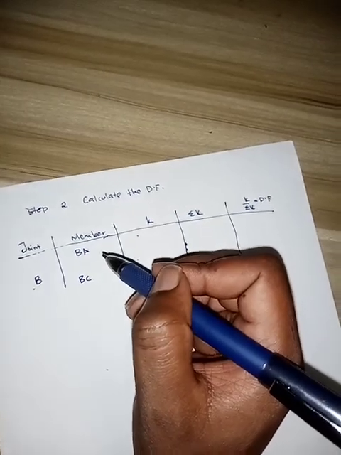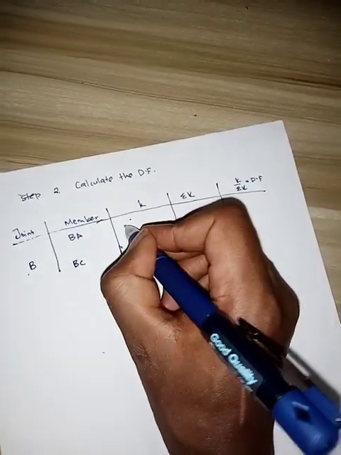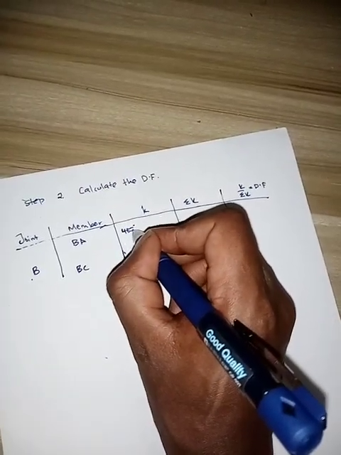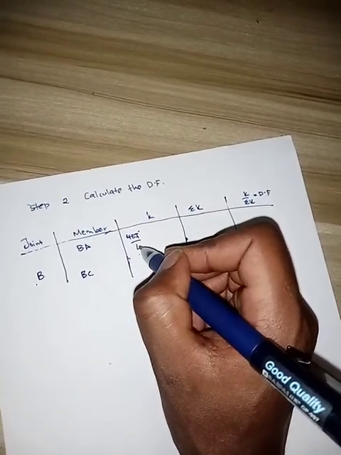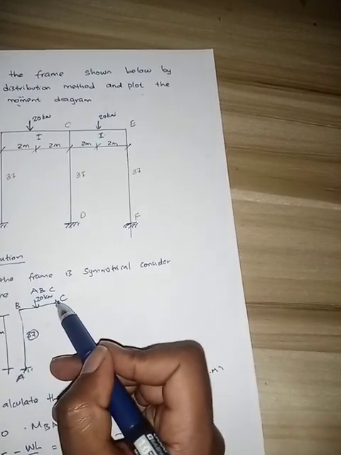Now, if the far end is fixed, we use 4EI over L. And in both cases, the far end is fixed. If you look at this question, this one is fixed and this one is also fixed. Good.